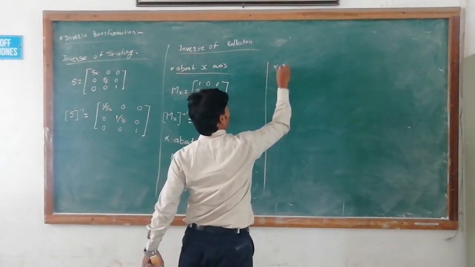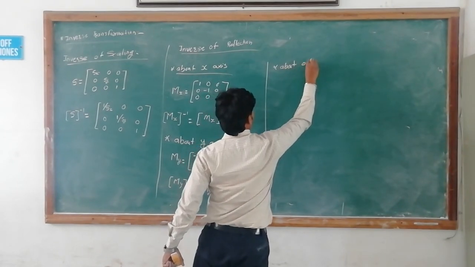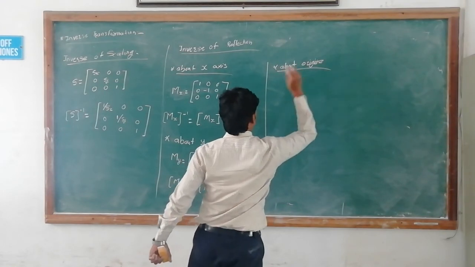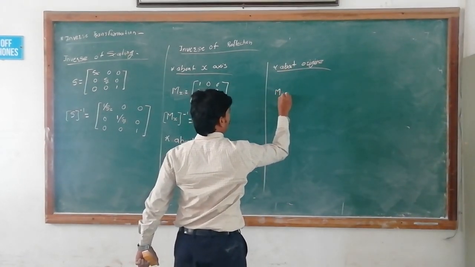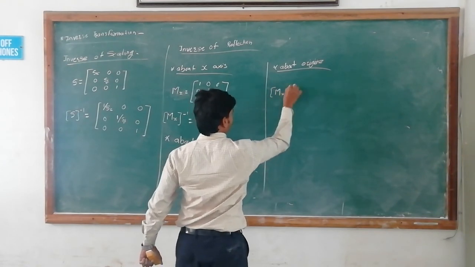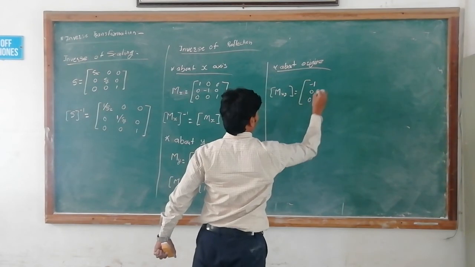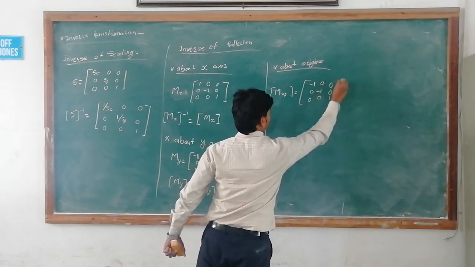Now reflection about the origin. M of xy has a value of minus 1 0 0, 0 minus 1 0, 0 0 1.